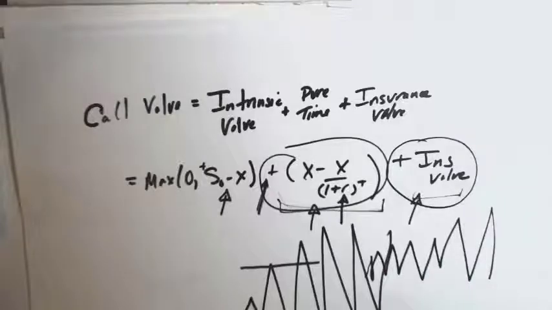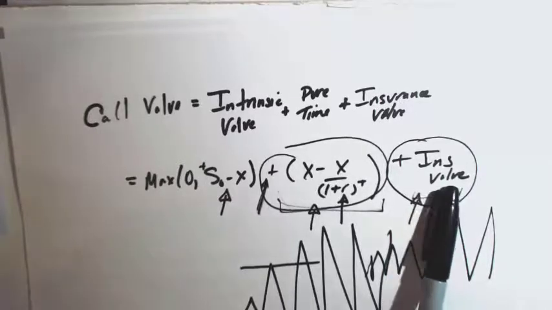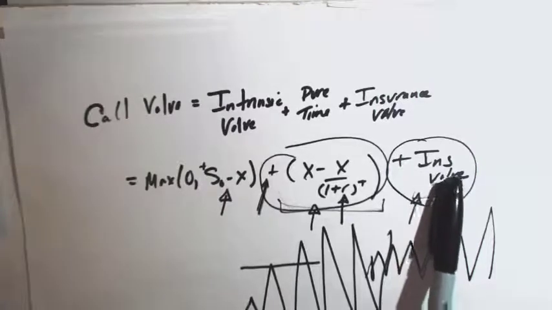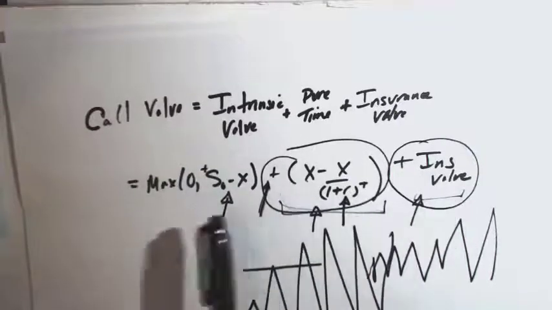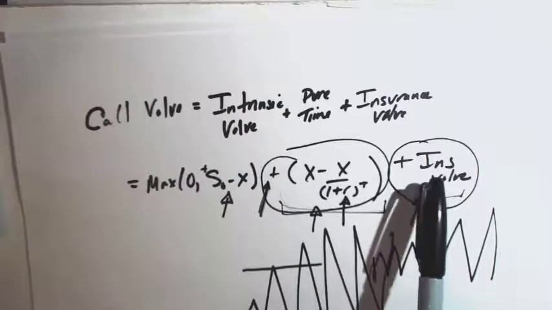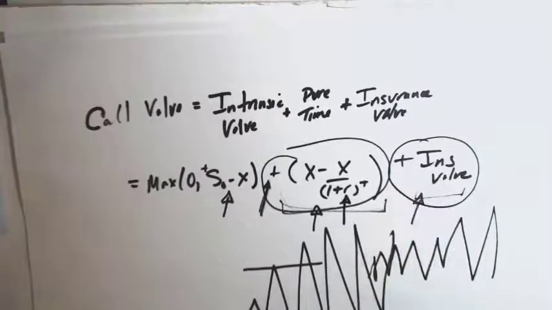The other way to think about it is when a stock has a lot more volatility, there's a huge speculative value also that's buried. So you can call this intrinsic value or insurance value, from its ability to hedge the underlying stock, which we'll talk about a lot in later chapters. But there's also a speculative value here in the insurance value.